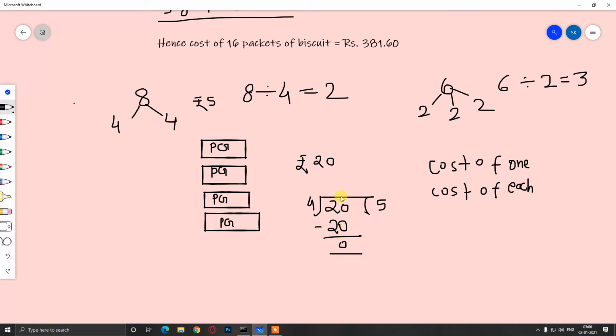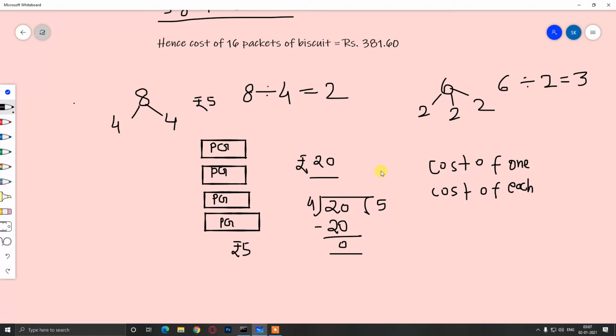That means the cost of one Parle-G will be rupees 5. So whenever it is asked to calculate the cost of one or cost of each, you have to just divide the total amount by the quantity, whatever number of Parle-G, number of pen, or number of pencil it can be, depending upon the question.